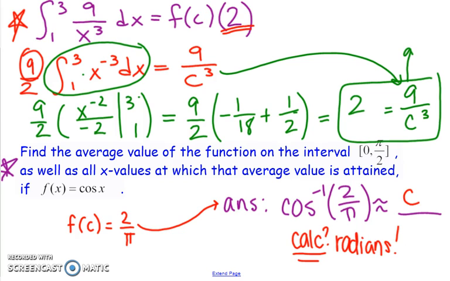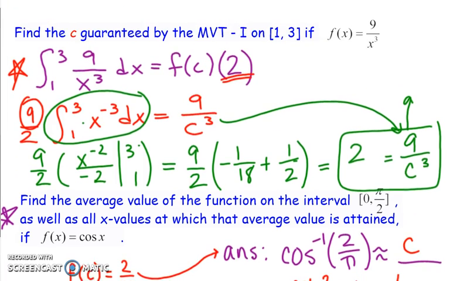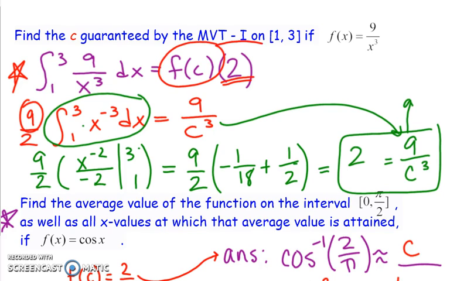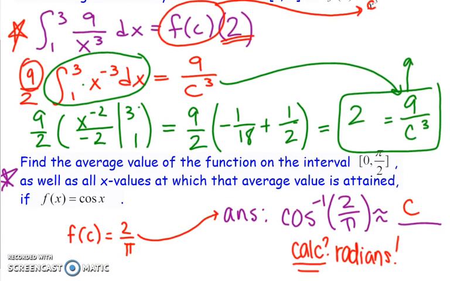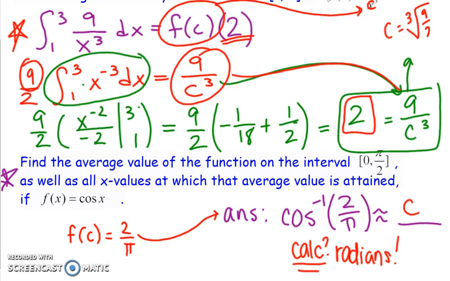So we know that this whole thing is equal to 9 over c to the third, because f of c, if you plug c in for x, you get 9 over c to the third. Going through, integrating, we get this lovely integral that is all ending up being equal to 2. That is still equal to 9 over c to the third. So to solve for c, we end up with the cube root of 9 halves.